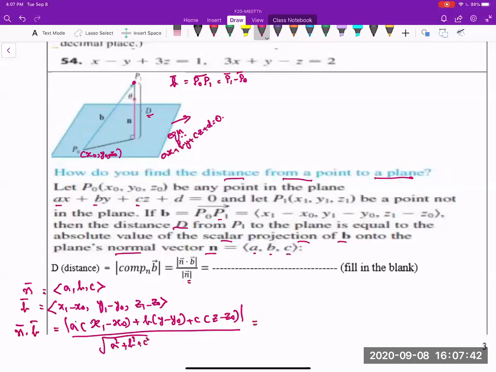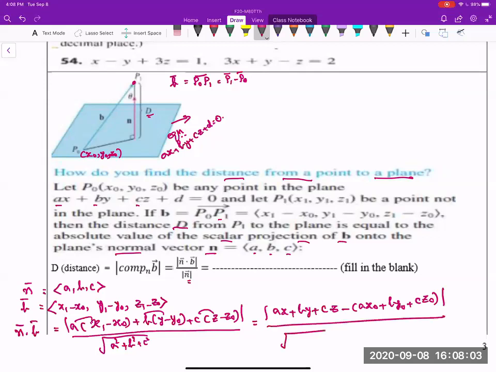In the numerator, if you collect only the positive terms, it is ax1 plus by1 plus cz1. If you collect all the negative terms, it's ax0 plus by0 plus cz0. Outside you have a negative sign, divided by square root of a squared plus b squared plus c squared.